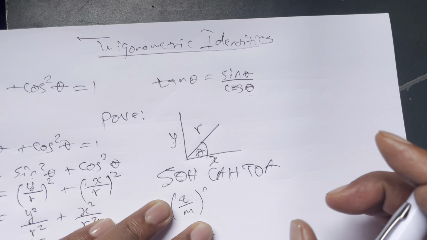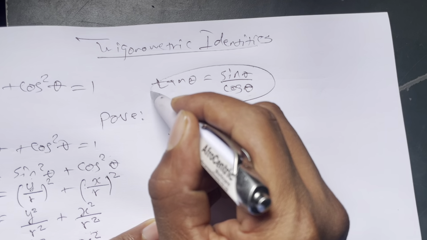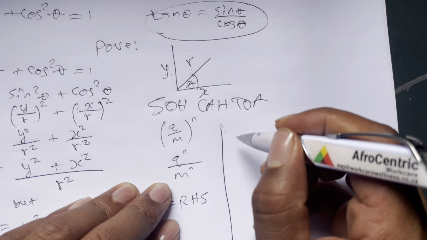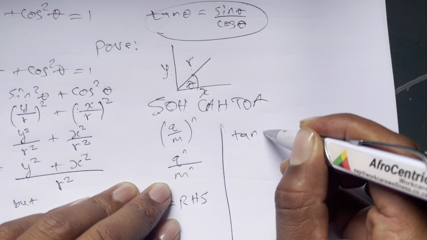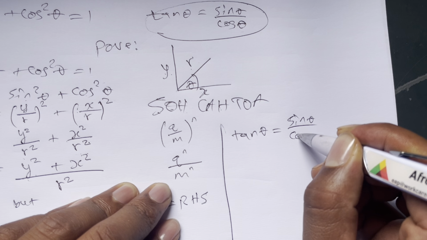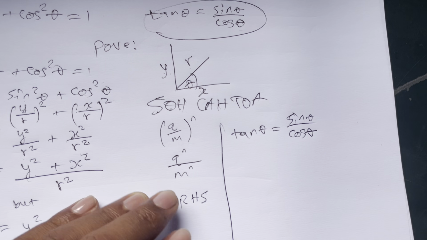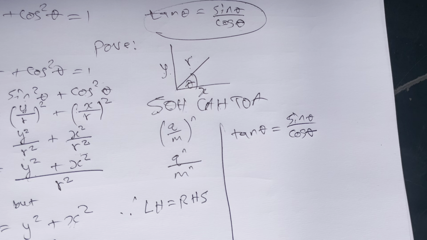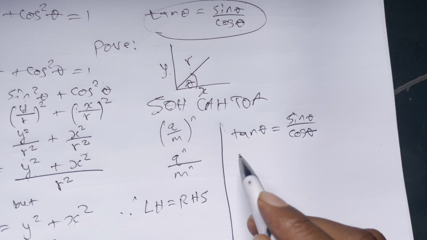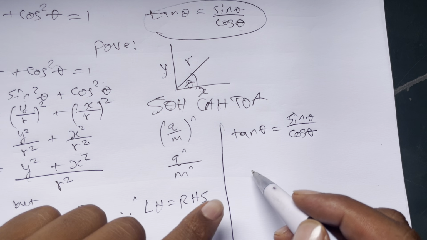Right, now let's take this one. You have tan theta equals sine theta over cos theta. When you're having this, you are also trying to prove that left hand side equals the right hand side.